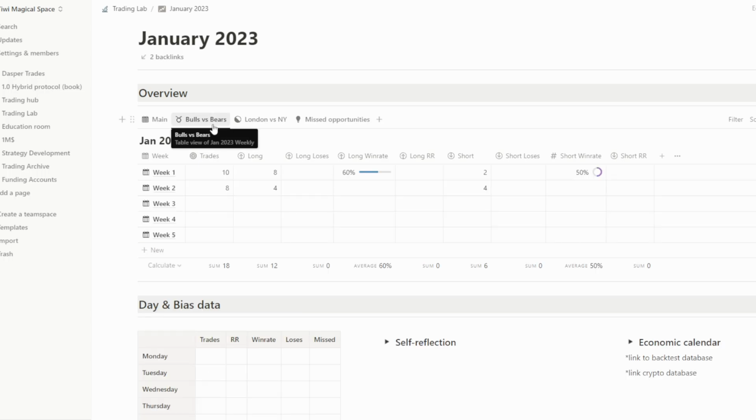In here, basically bulls and bears, I'm mostly focusing on the longs and the shorts. So I want to know how many longs I got compared to the shorts, what my win rate was between longs and shorts, and what actually gave me more money. So as time goes by and you're collecting this data, you might figure out that you are a trader who is maybe short biased or maybe long biased. So you're preferably seeing many more opportunities in one specific direction than the other.